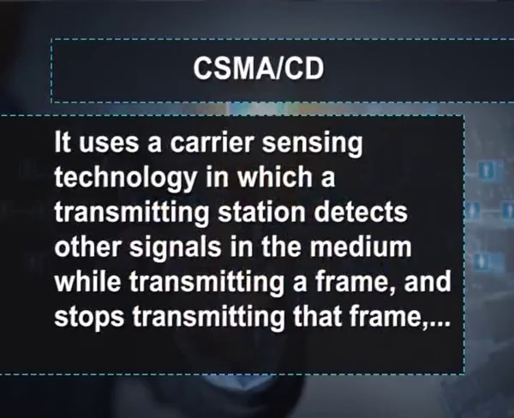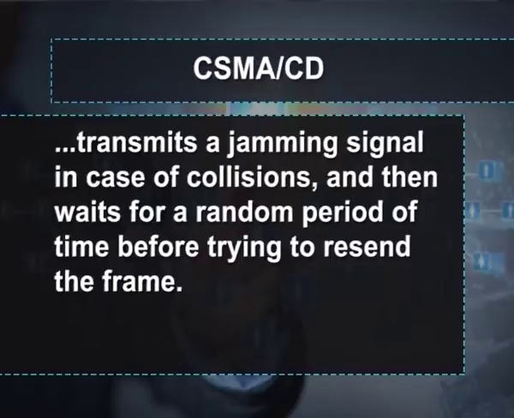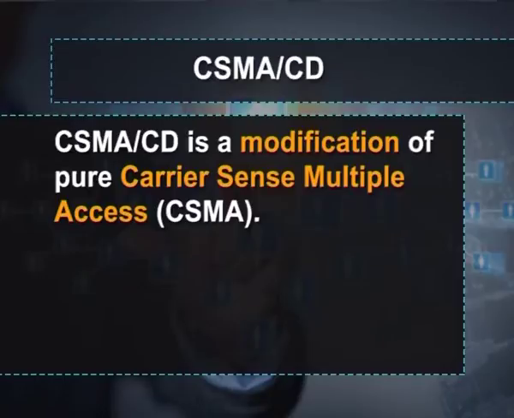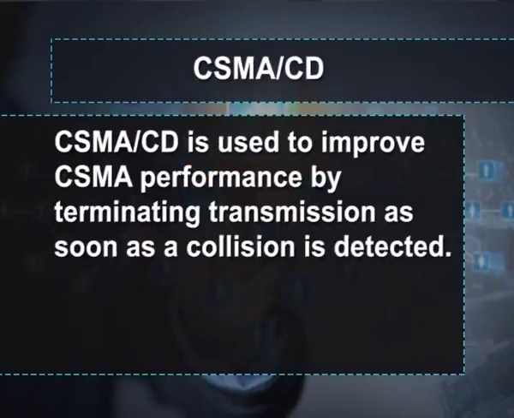It uses a carrier sensing technology in which a transmitting station detects other signals in the medium while transmitting a frame and stops transmitting that frame, transmits a jamming signal in case of collisions, and then waits for a random period of time before trying to resend the frame. CSMA-CD is a modification of the pure carrier sense multiple access, that is CSMA scheme. CSMA-CD is used to improve CSMA performance by terminating transmission as soon as collision is detected.